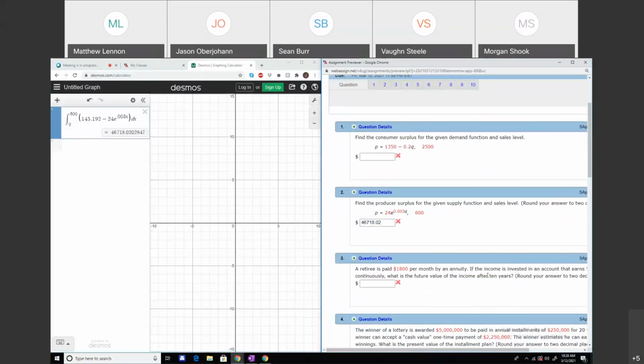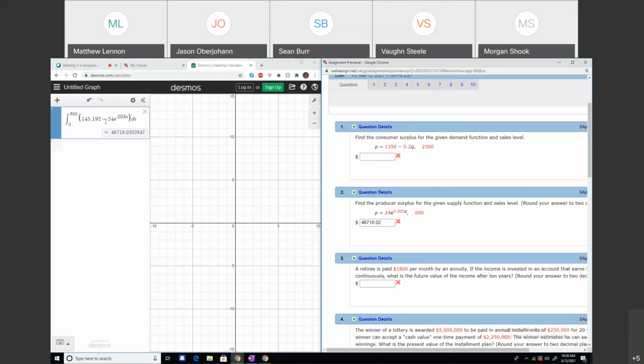Okay, saying that's wrong too. So one thing to check, did I plug my 600 in wrong? 24 times e to the 0.003 times 600. I'm getting 145.192. So that's my sales level. I plug in Q, I get capital P. That should be right.